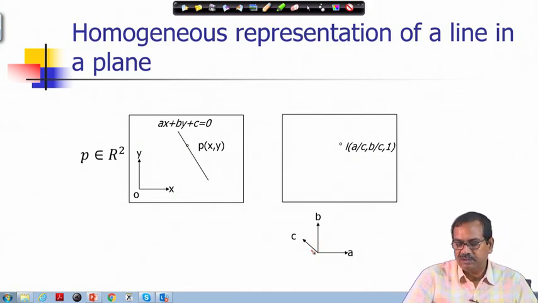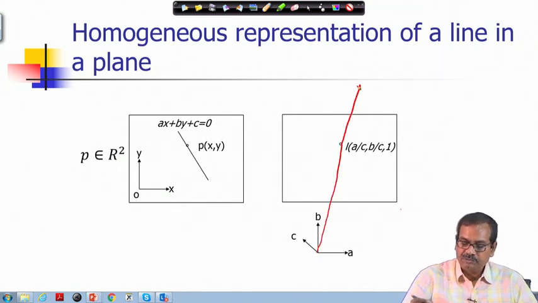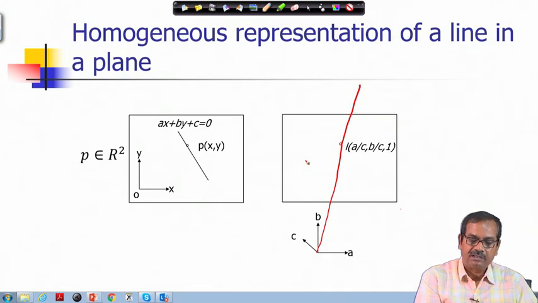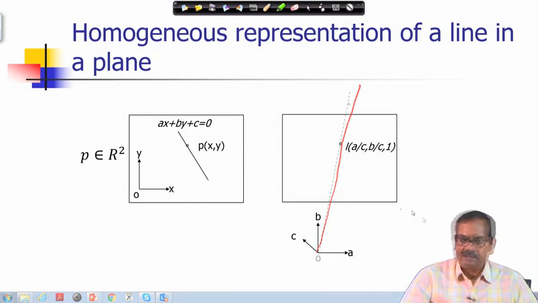So you have an implicit three-dimensional coordinate system. It is a two-dimensional projective space once again, and any element of this space should be a ray passing through the origin, and incidentally if it passes through this particular point A by C, B by C, 1, that is the representation of this straight line. So, a straight line is represented like a point in this space.